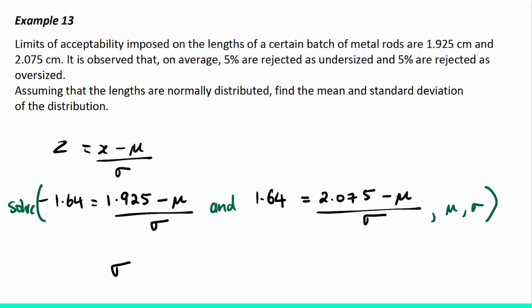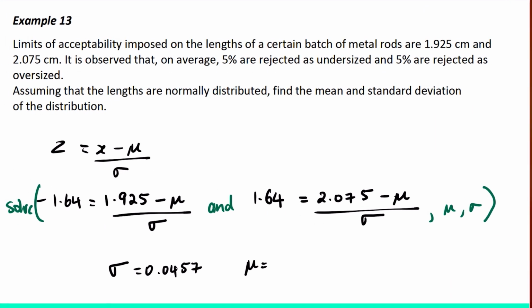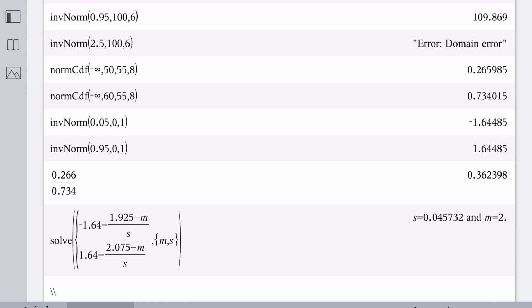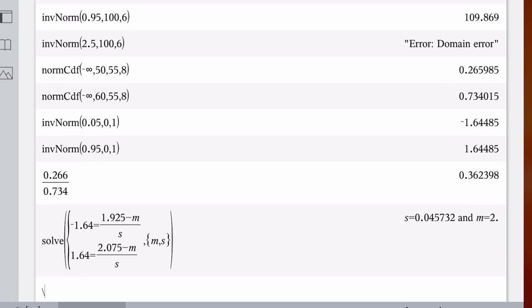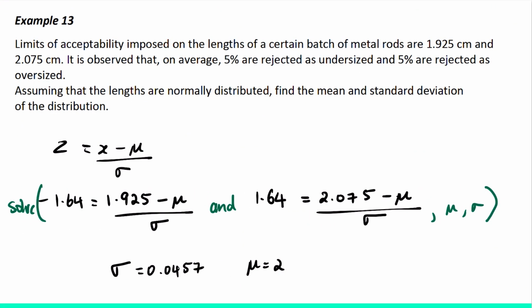I think it was 57. If not, I'll change it in a sec. And the mean was very kindly 2. There we go, 57. Beautiful. So that there is how you would find that mean and standard deviation.